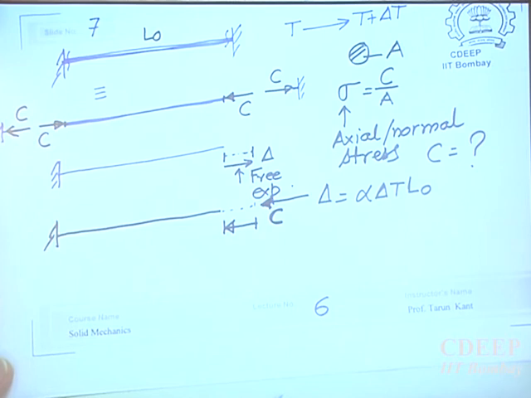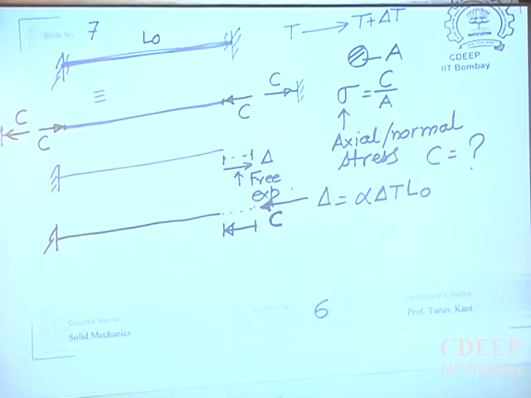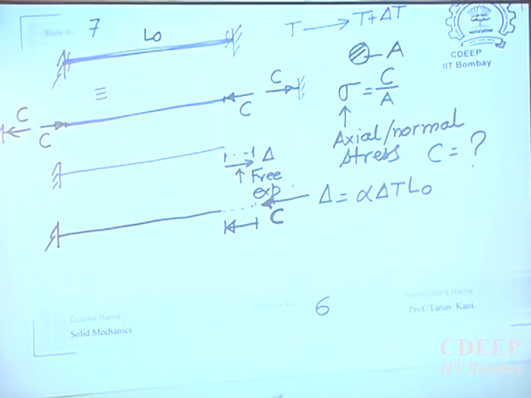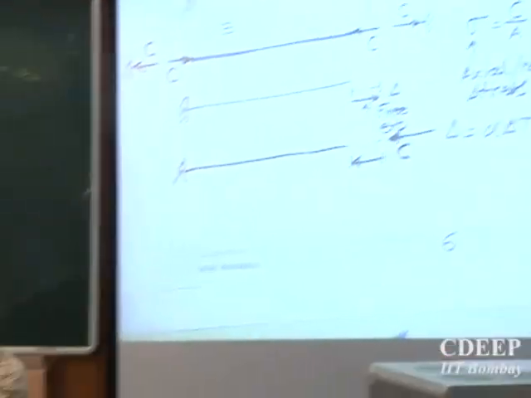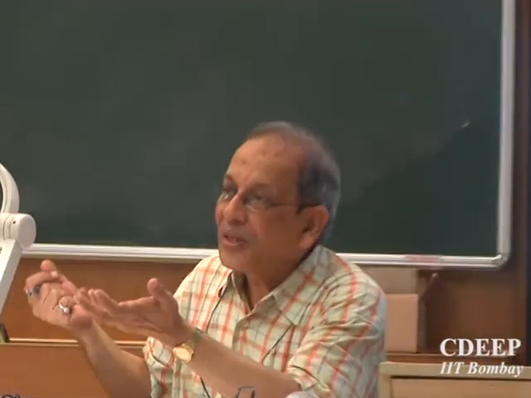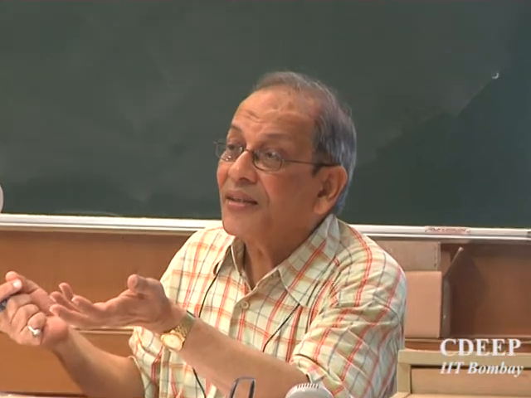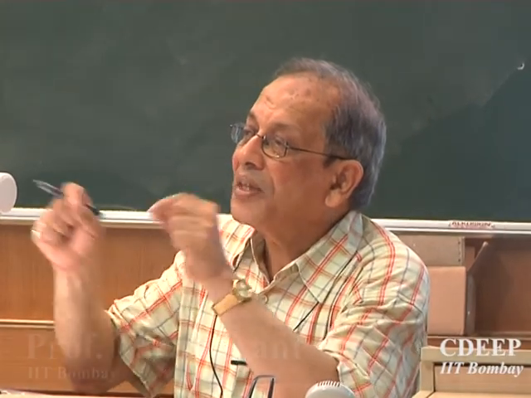You got it? Now this we have not yet covered. How to find out deformation, how to find out axial displacement of a rod under the action of a force. Okay. So now the next chapter is axial deformation. How do members subjected to axial load deform?